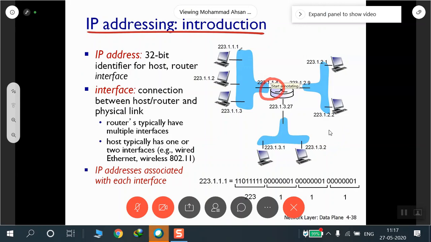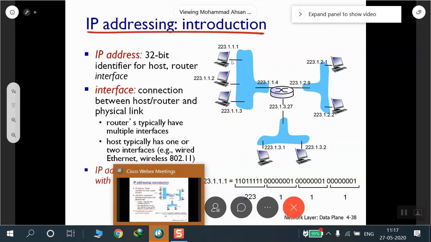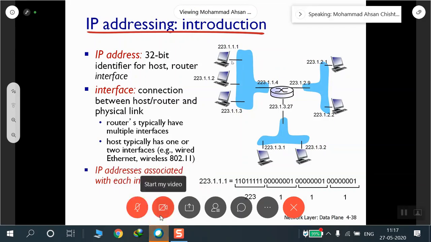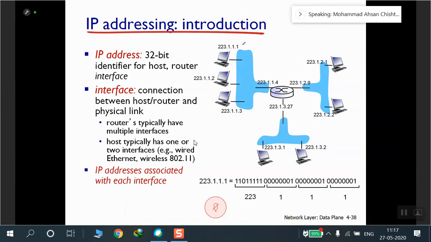So typically a single link here would have a single IP address on this end and another IP address at the other end where it is connected. The boundary between the host and the physical link here is called an interface.